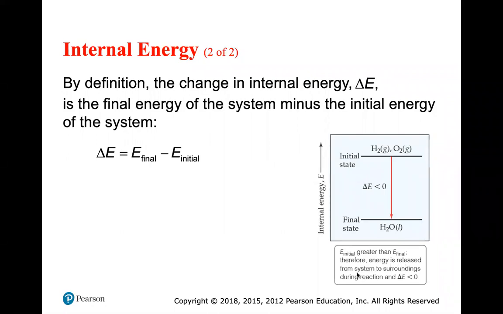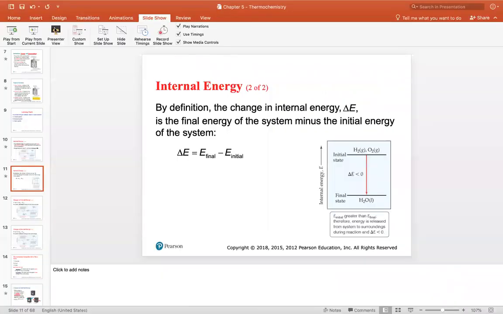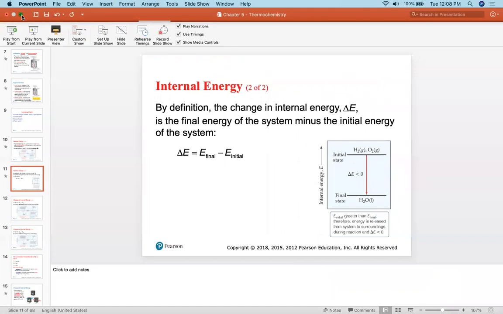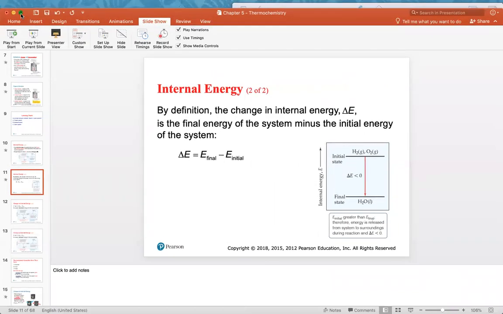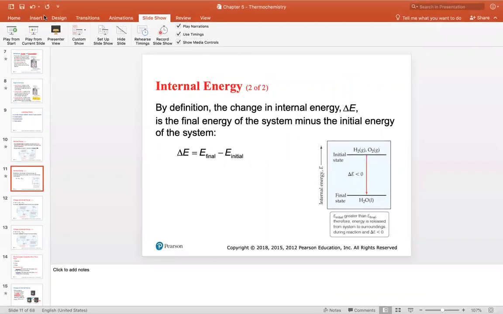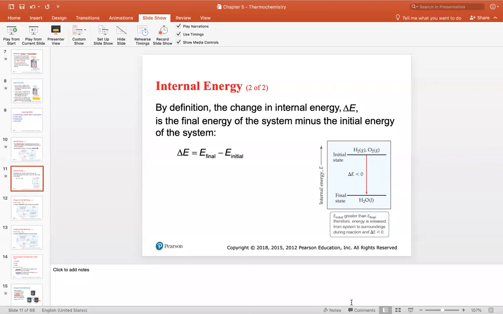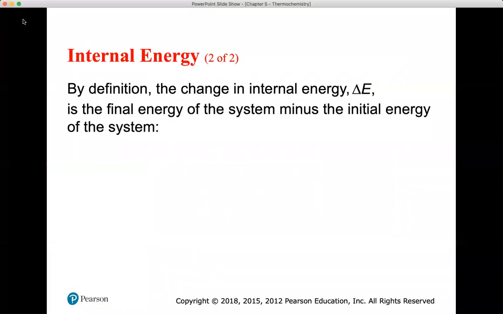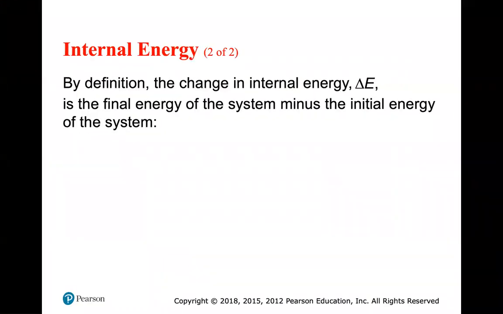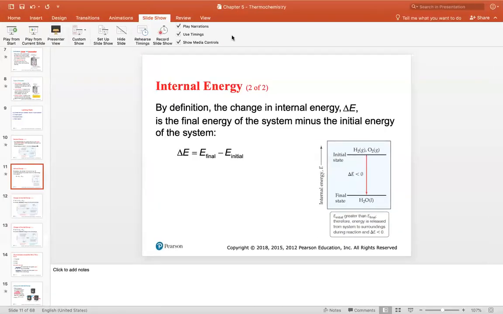And energy released from the system to the surroundings, we call that an exothermic reaction. I know you know what an exothermic reaction is, so that shouldn't be hard for you to figure out. All right. So exothermic reaction, endothermic reaction should be easy for you.